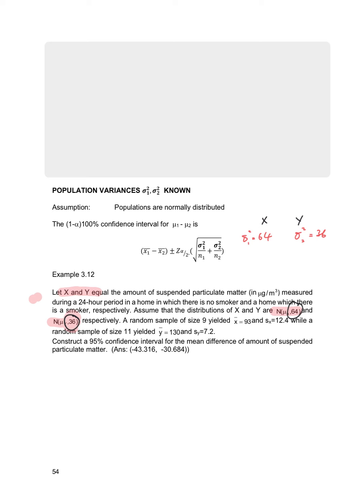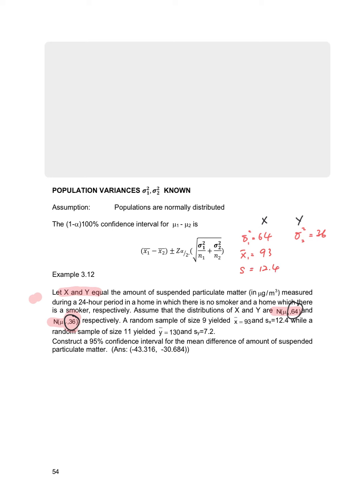Now we are taking a random sample of size 9 untuk population X. So kita dapat X bar 1 equals 93 dengan sample standard deviation equals 12.4. Figure out what information is given to you.